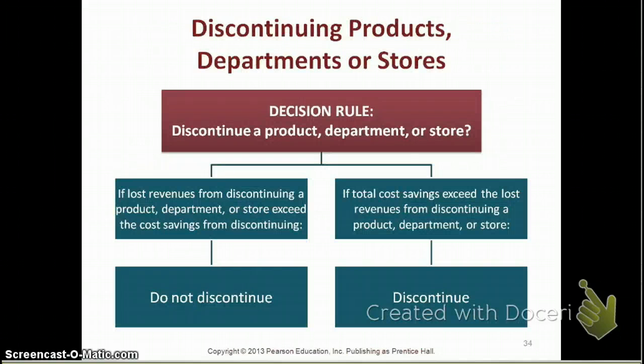So your decision rule on whether to discontinue a product, department, or store is that if your total lost revenues from discontinuing are more than the cost savings, then do not discontinue. But if your total lost revenues are less than your cost savings, then go ahead and discontinue. We'll take a look at an example next.